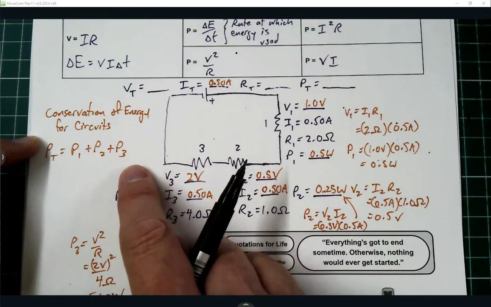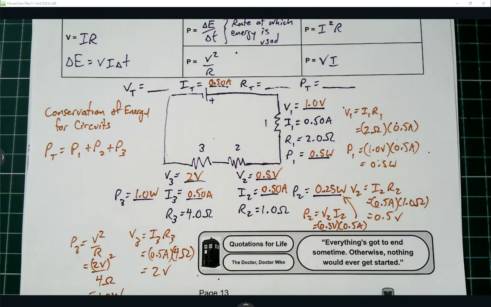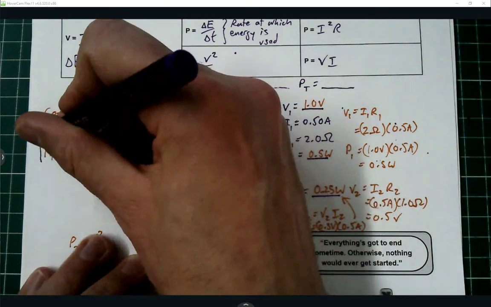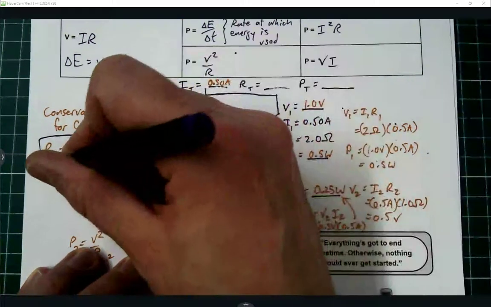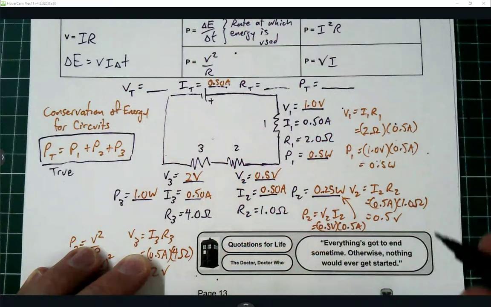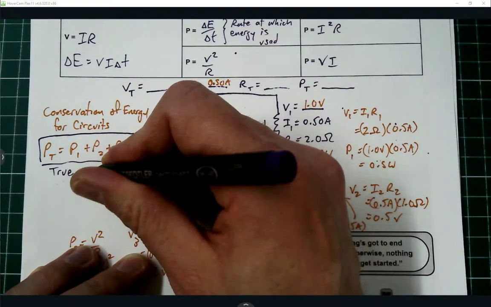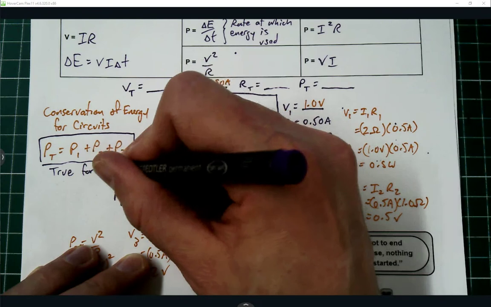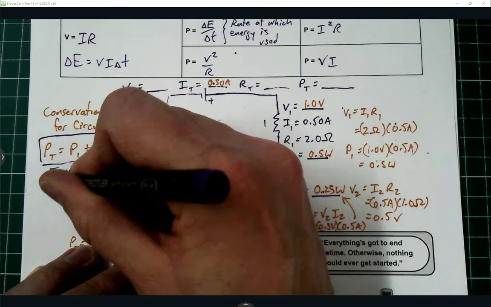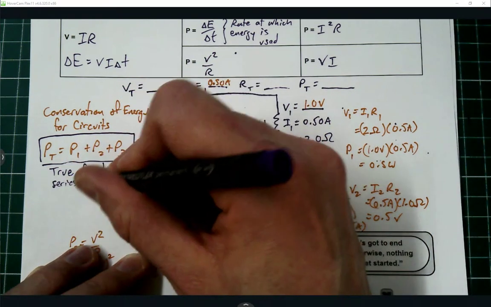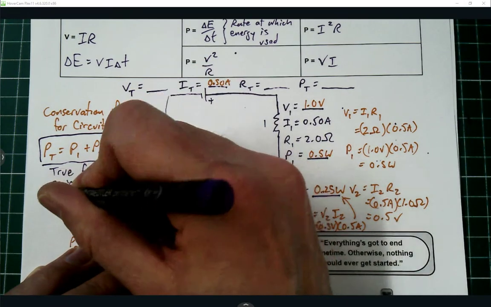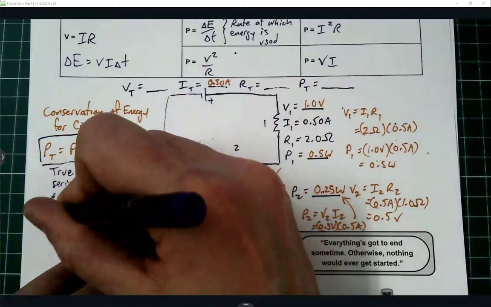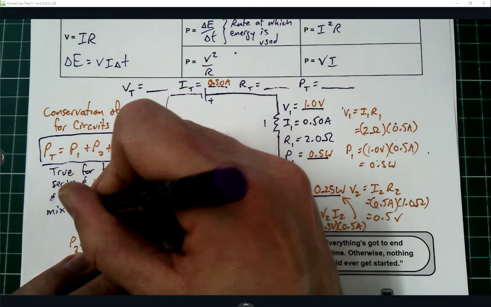By the way, this equation is true for series junctions as well as parallel junctions. So this one's true, it's a Kirchhoff's law kind of equation, and it's true for both series and parallel, and even mixed junction circuits.